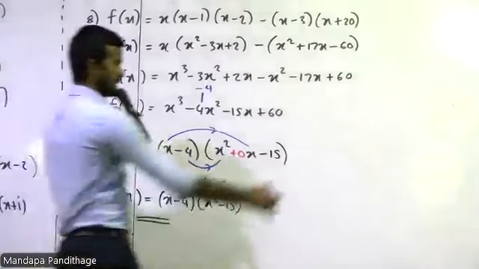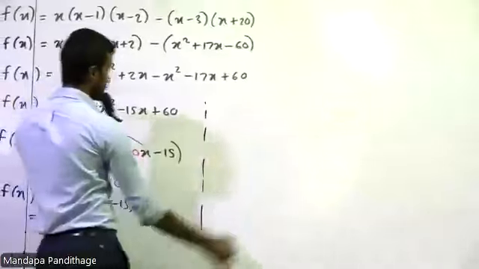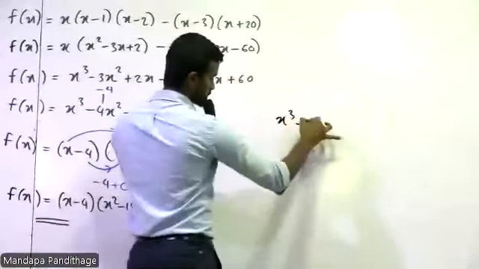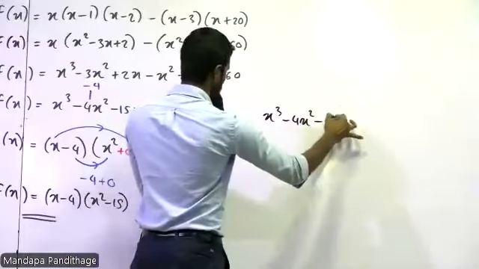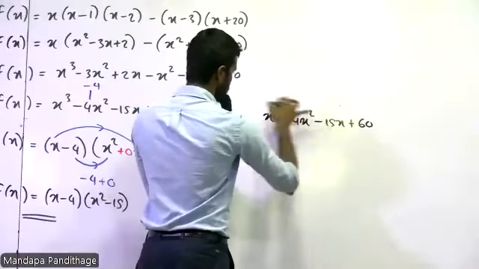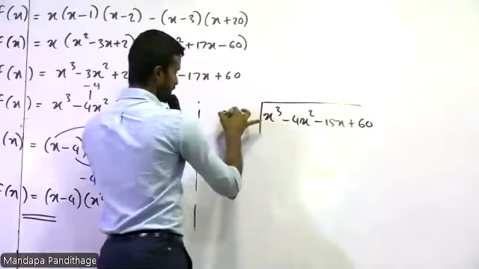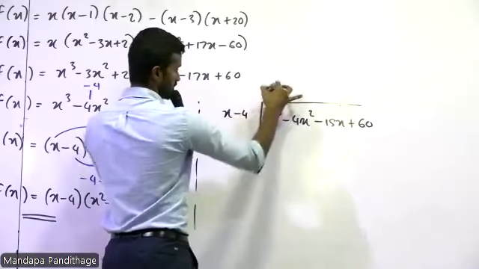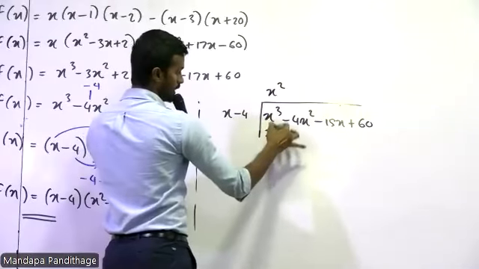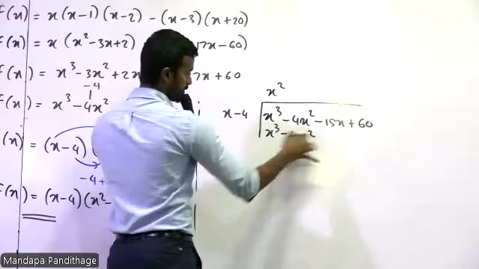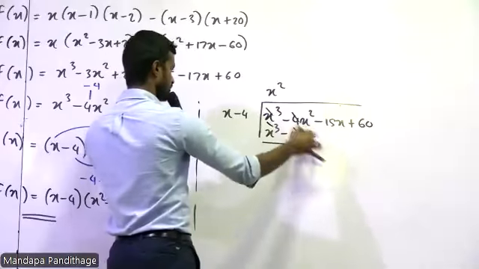Let's say you are using the long division method. So x cube minus 4x squared minus 15x plus 60 divided by x minus 4. x cube minus 4x squared, both of these cancel off.